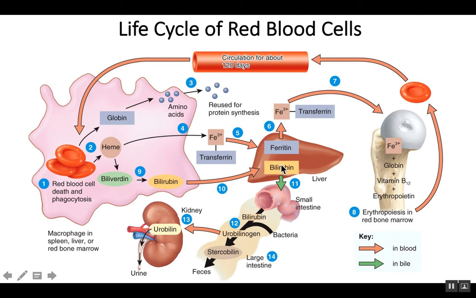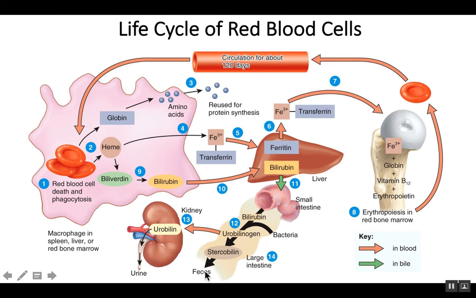Bilirubin is eventually placed into your small intestines because that's where bile goes. So it goes within bile to your small intestines. In your small intestines, bacteria metabolize bilirubin into other metabolites that reflect other wavelengths. So for example, stercobilin is the major pigment found in feces.